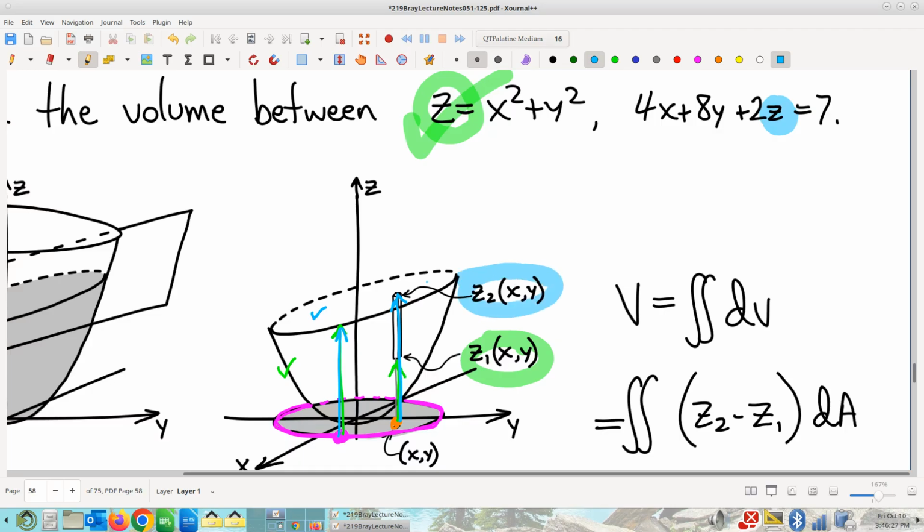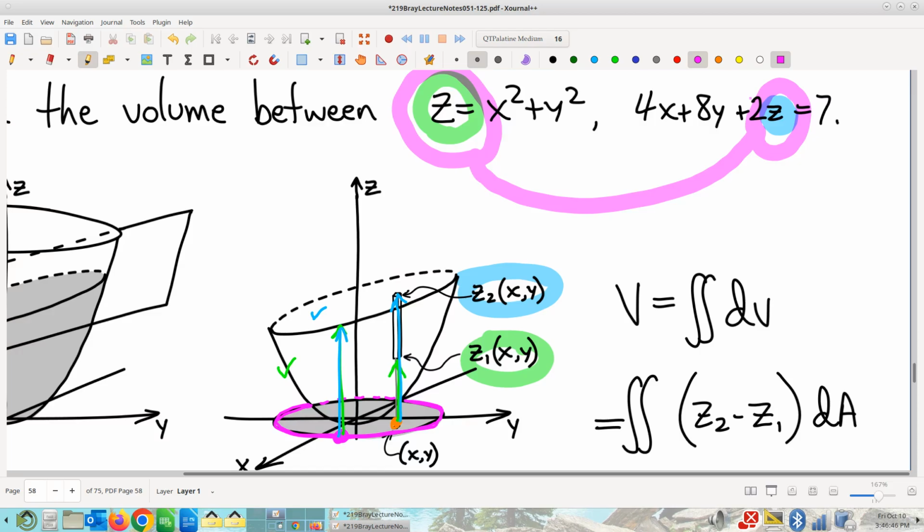So that's where this purple curve comes from. The purple curve comes from setting that Z equal to this Z. Everybody see the geometry on that argument?